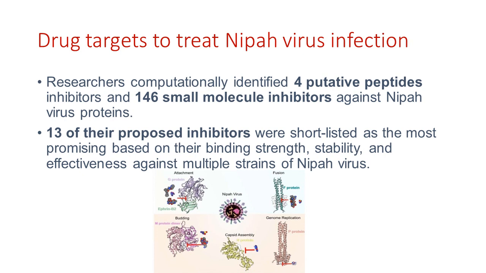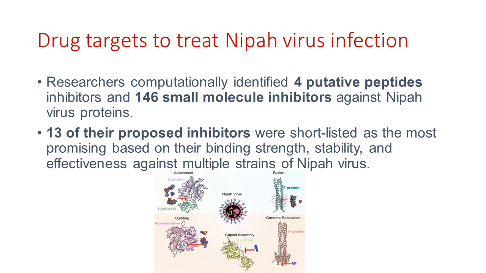Researchers have studied the structure of the Nipah virus, through which they found inhibitors through computational studies. They identified 4 putative peptide inhibitors and 146 small molecule inhibitors against the Nipah virus proteins.